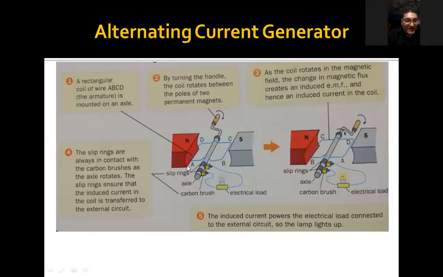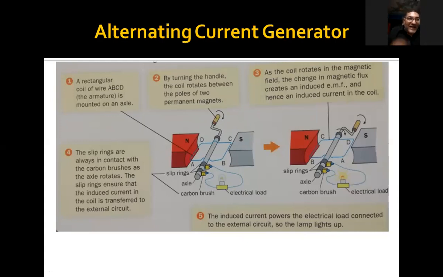And here I have a coil, and that coil is mounted on an axle, and that axle has a handle here. So from this handle, I can rotate it. You can rotate it clockwise. If you want to rotate it anti-clockwise, it does not matter. You need to rotate it. The mechanical energy you will provide.